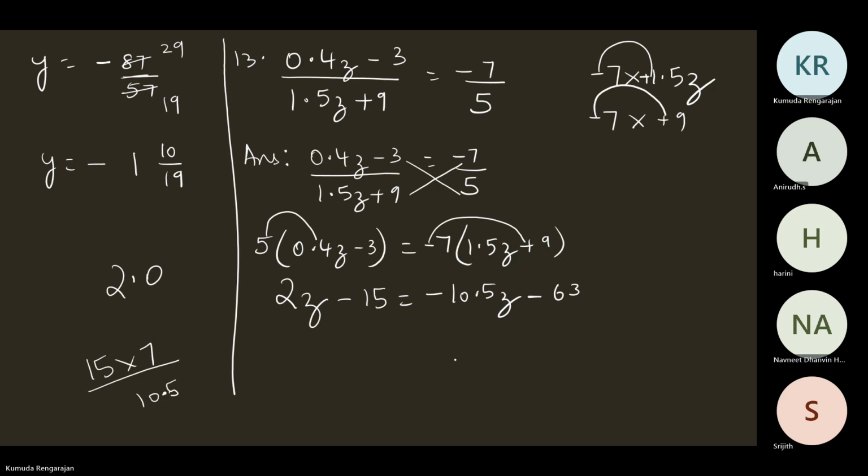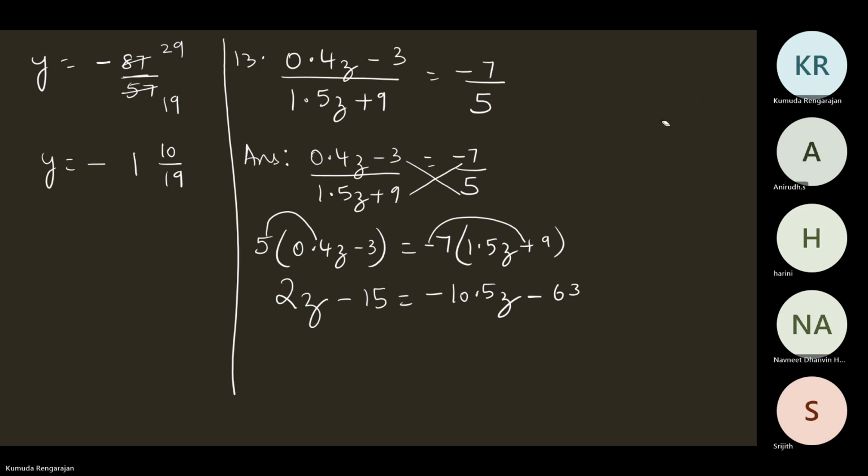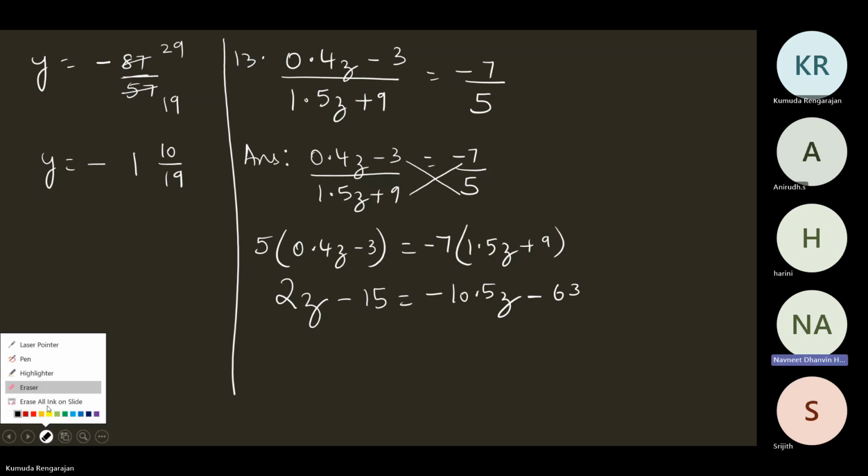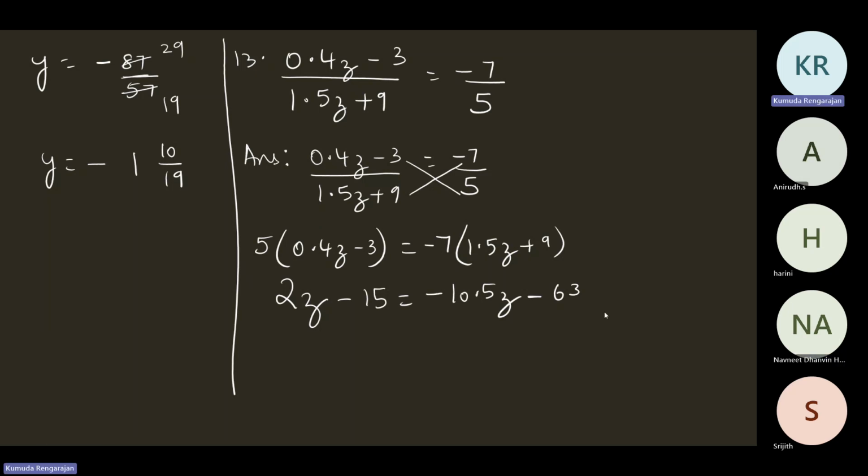Ma'am, I finished the answer only. Now transpose. Ma'am, 2z plus 10.5z is equal to minus 63 plus 15.